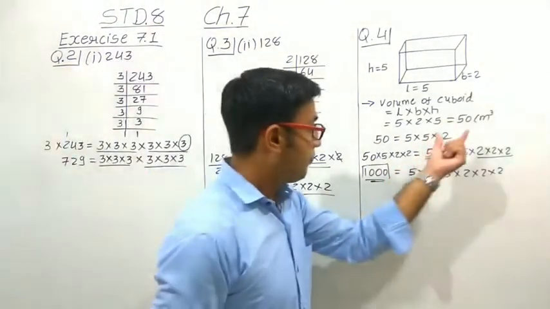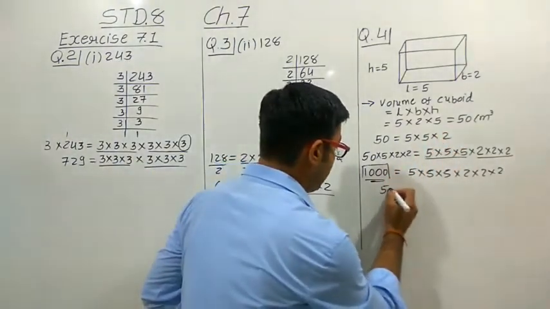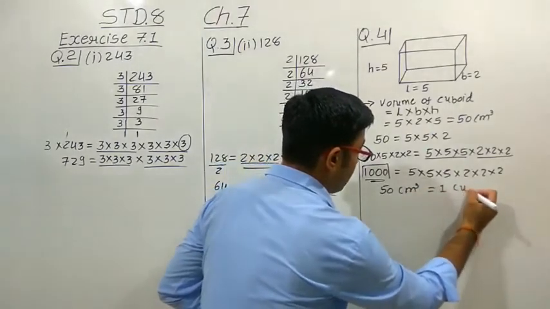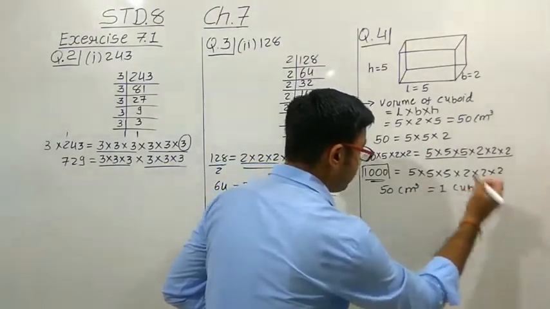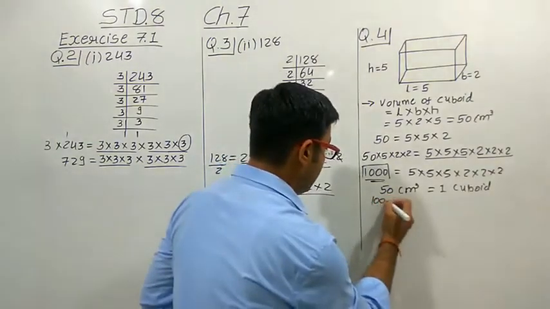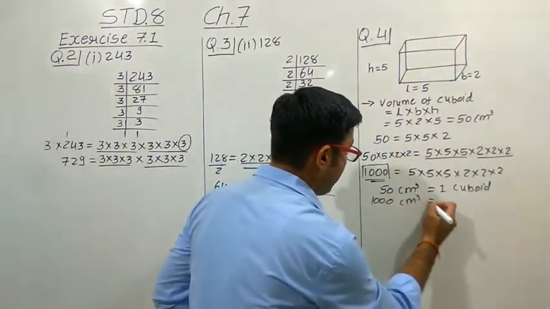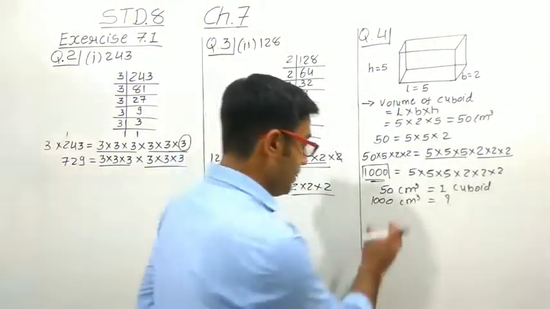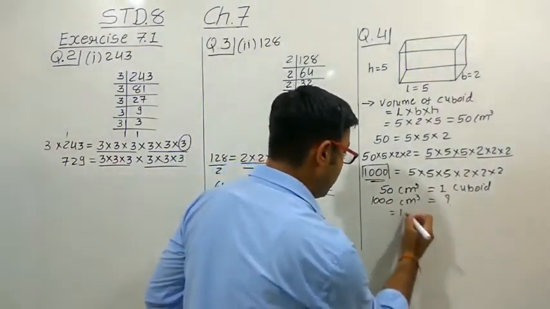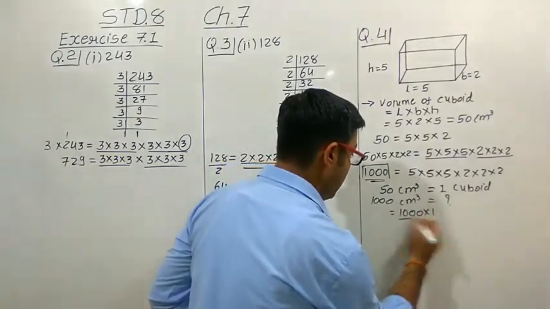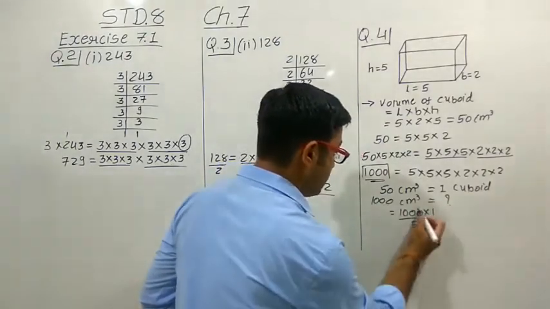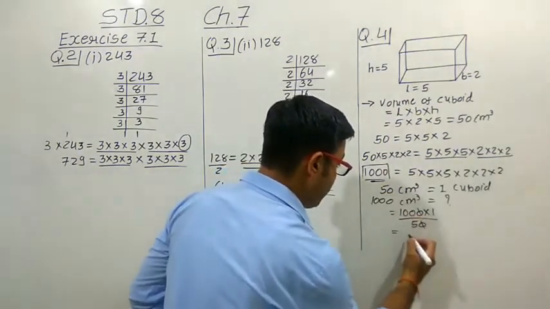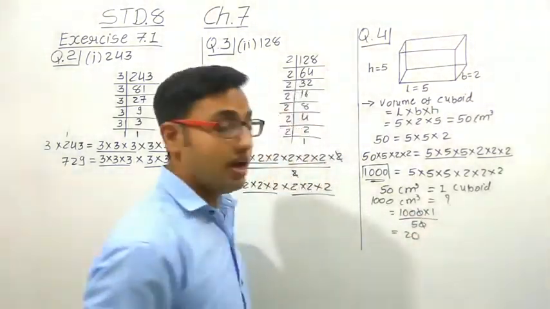So if 50 cubic centimeter is equal to 1 cuboid, then for a volume of 1000 cubic centimeter, how many cuboids do we require? So 1000 into 1 upon 50. The zeros will cancel each other, 5 and 100 are there, so when we cancel it we get 20, since 5 twenties are 100.